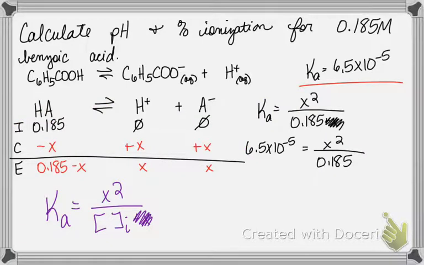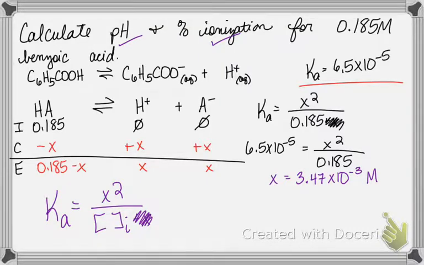Okay, so pause the video, solve for X, calculate the pH and the percent ionization. Did you guys get 3.47 times 10 to the minus 3 molar for X?